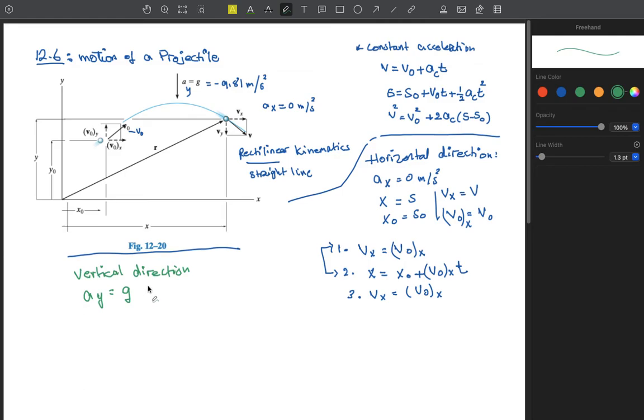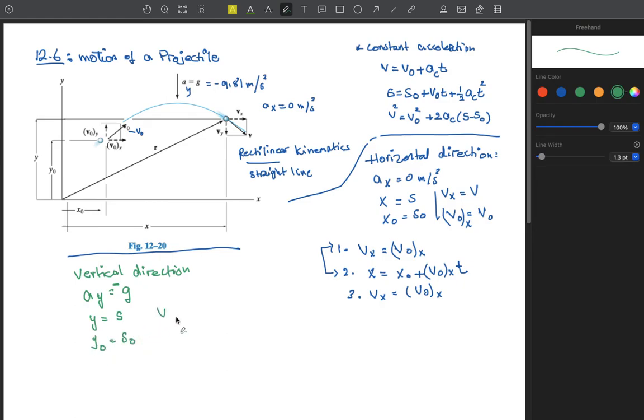And this is minus 9.81 anyways. But you remember this has a negative value because it's acting downwards. What else do we know? Same information here. Now y is the final position. Y node is the initial position.